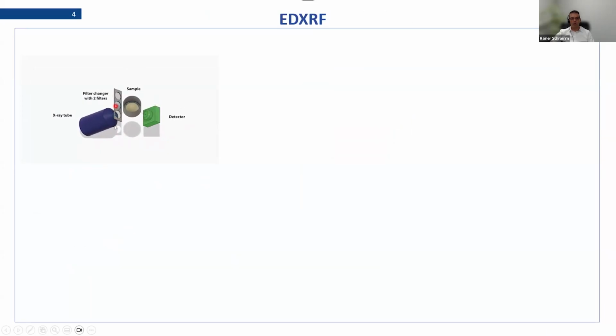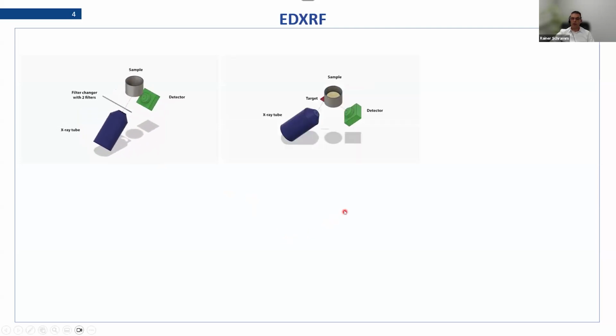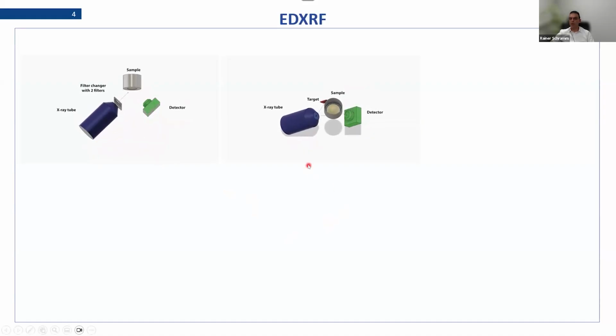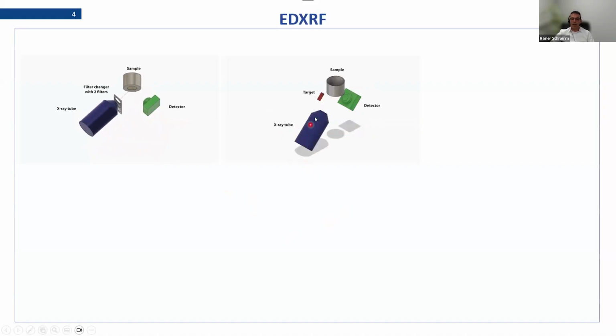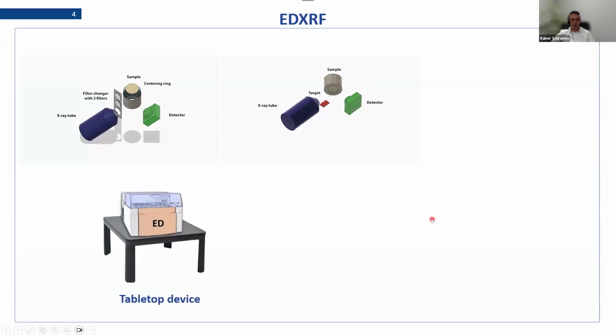And then there could be also kind of a filter changer in between tube and sample. There's another way also to do energy dispersive XRF, and this is by using polarized excitation, and then a target is additionally placed between tube and sample, and in this way we have one hardware component more.